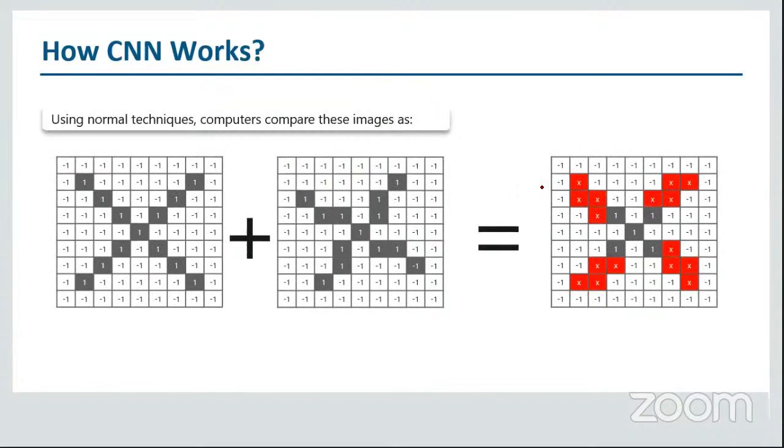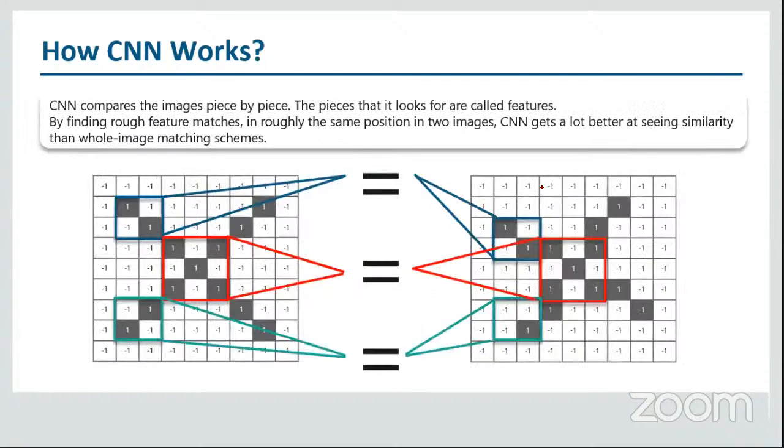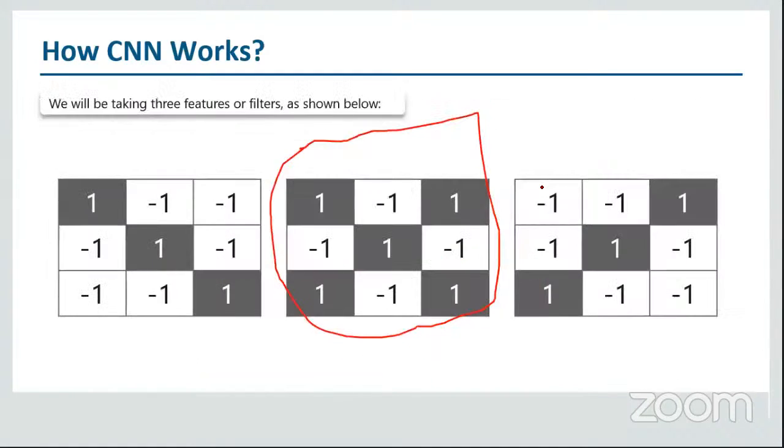Then I did the same thing for both the boxes. On union, I get this. Once I did the union, I divide this into small pieces and check if the features are the same. In this case, I got the 3 features: the center one, the leftmost, and the rightmost. So we take the 3 features as shown below.